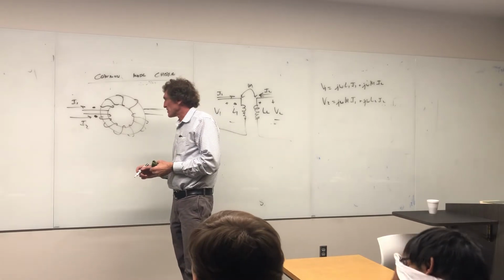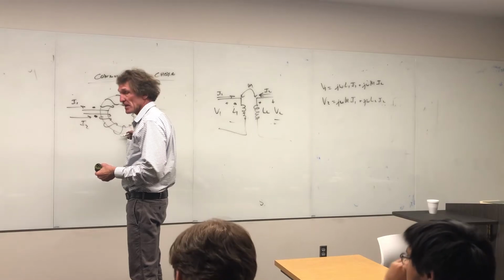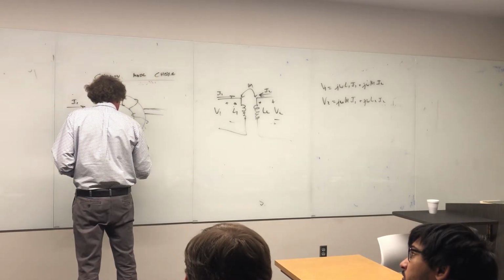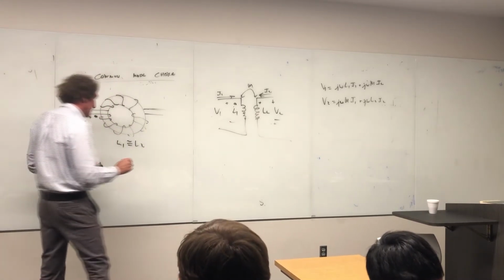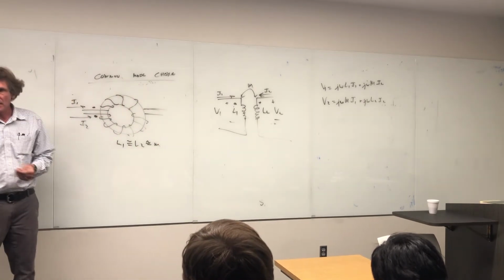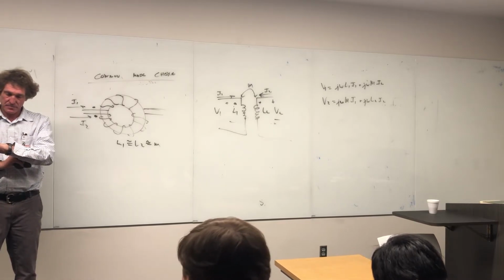But one thing you can say with this, usually the turns on one side are about the turns on the other side. So L1 is about equal to L2, and that's about equal to M also. About. Not quite.